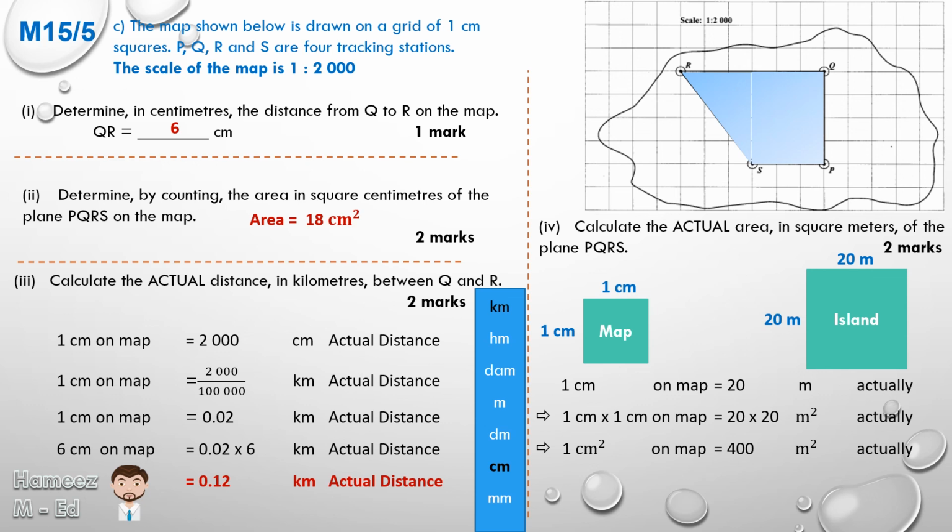And how much was the area that we saw in part 2? It was 18 centimeters squared. So to go to 18 centimeters squared, we're multiplying by 18 on the left-hand side, so we're multiplying by 18 on the right-hand side. So 18 centimeters squared will be equal to 400 times 18, which is equal to 7,200 meters squared. And that is the actual area in square meters of that plane.